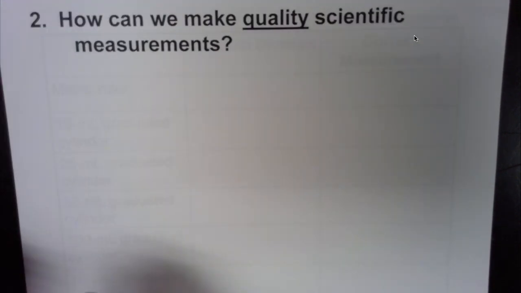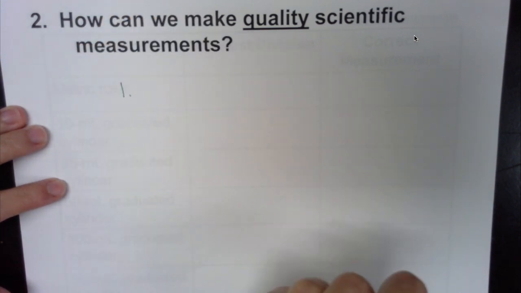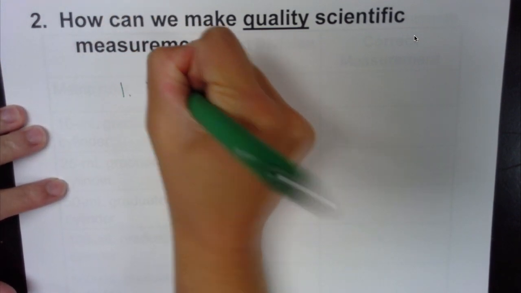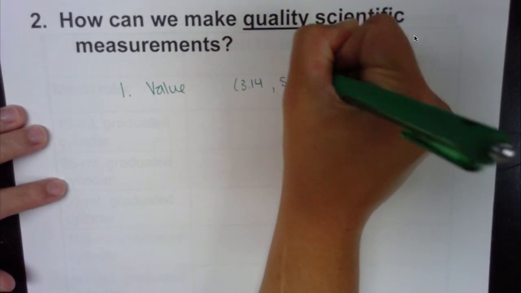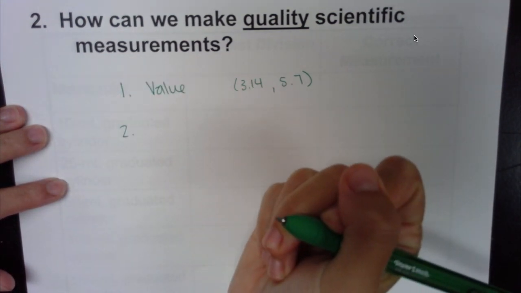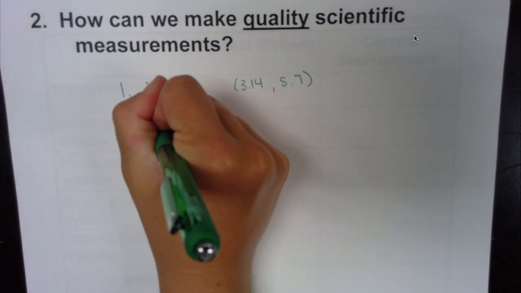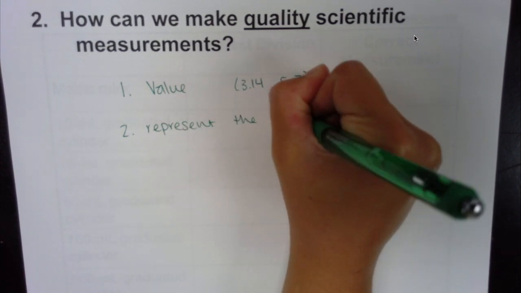So we want to make sure as we go through this class that we make quantitative scientific measurements. There are 3 important things that are needed in order for this to occur. Okay? When we take a scientific measurement, probably one of the most important things is the value itself. Okay? Is it 3.14? Is it 5.7? Etc. Okay? Then we have the ability to represent the measurement device.